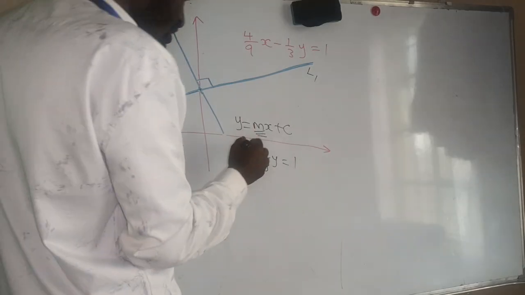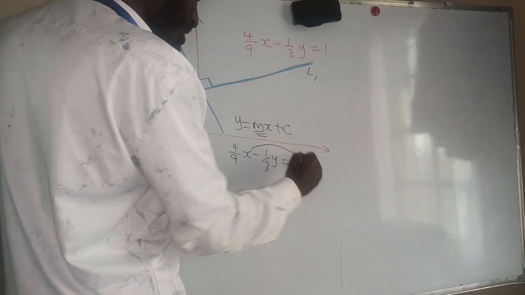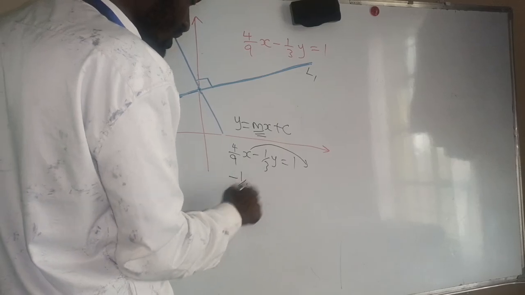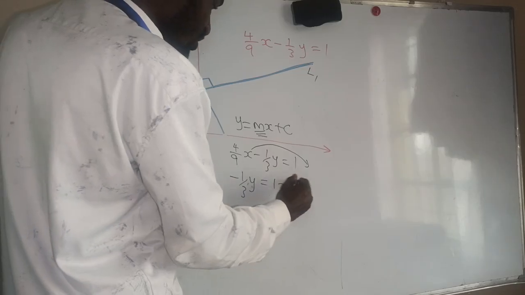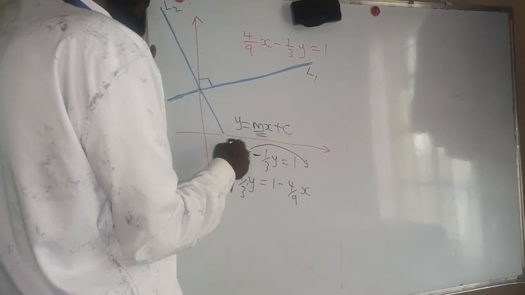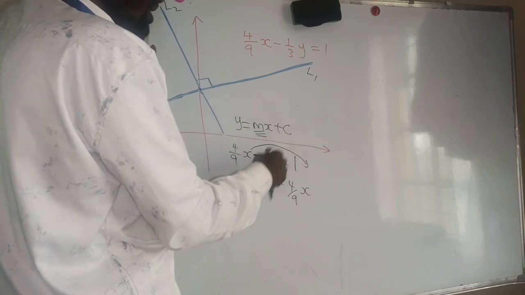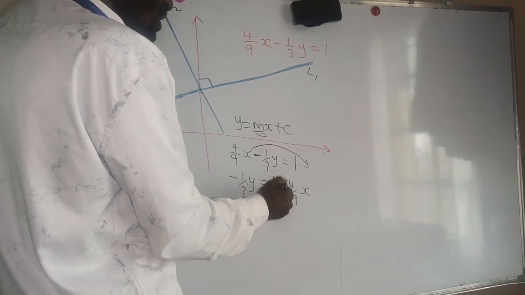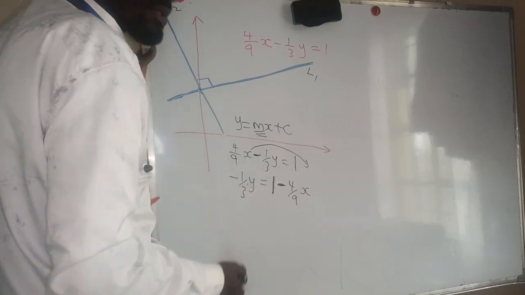So let's begin. We'll first take this 4 over 9x onto this other side. When I take 4 over 9x onto the other side of the equal sign, I'll be left with negative 1 over 3y equals 1, the one already here, minus 4 over 9x.